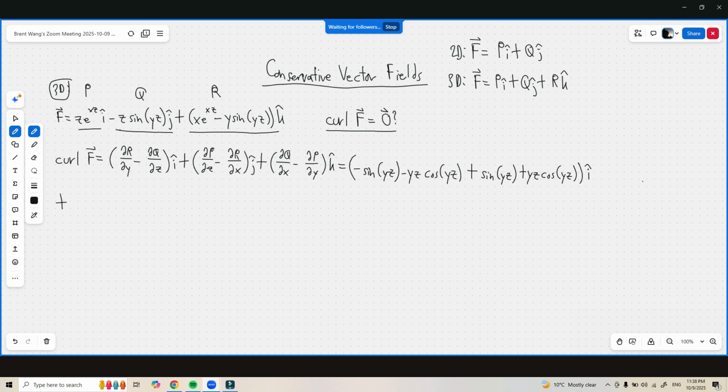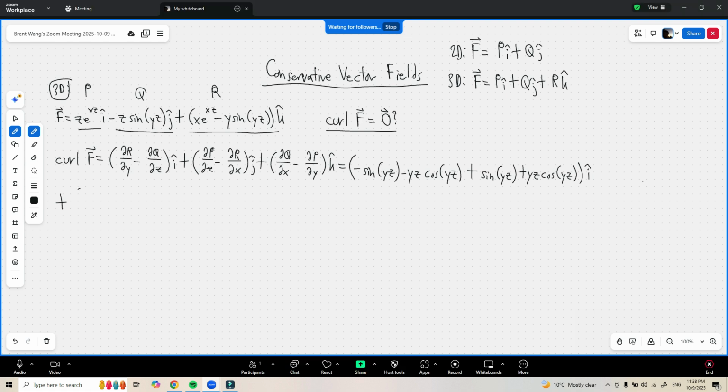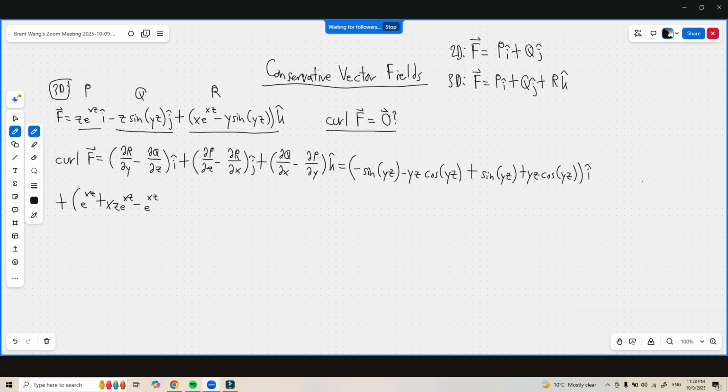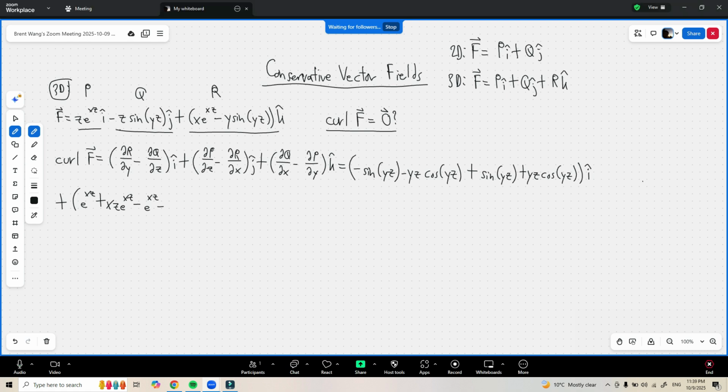Plus, so let's look at ∂P/∂z now. That's e to the xz plus xz e to the xz, minus ∂R/∂x now. So minus e to the xz minus xz e to the xz in the j direction.